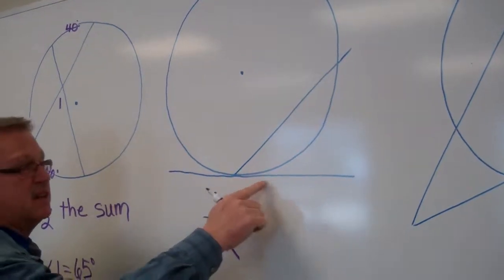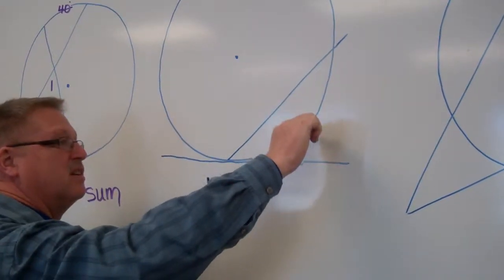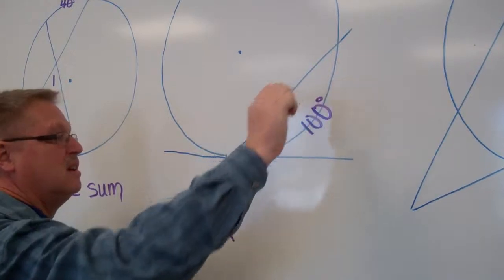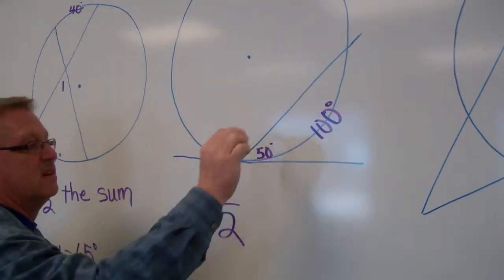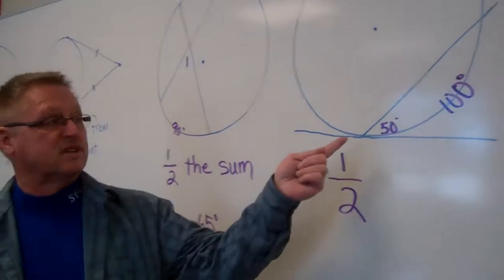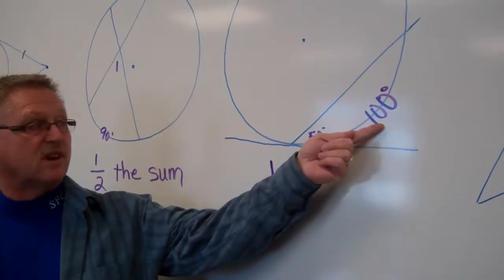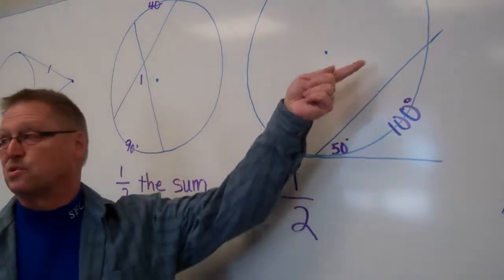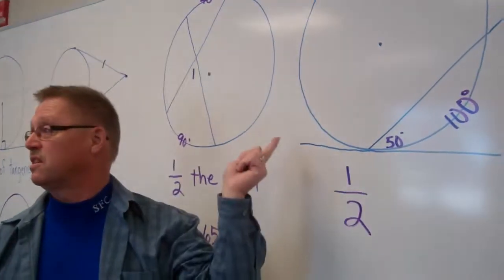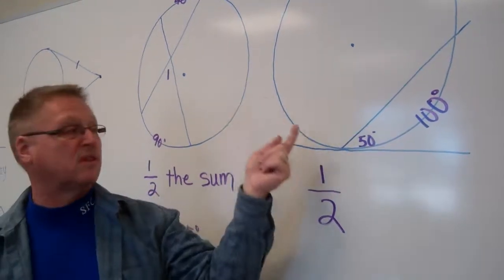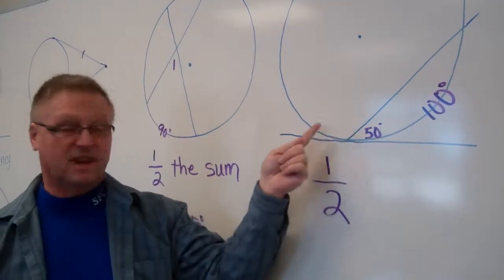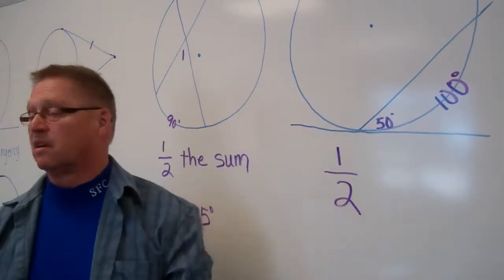If this angle catches 100 degrees of arc, then that angle is 50 degrees. Please understand, if there's 100 degrees of arc, there's 260 left, and that'll make that angle half of 260 or 130. Hey, that works out. They have to add up to 180. It'll work out.